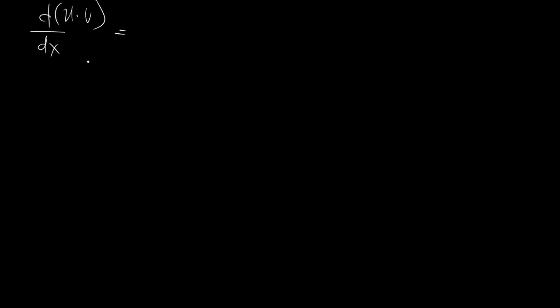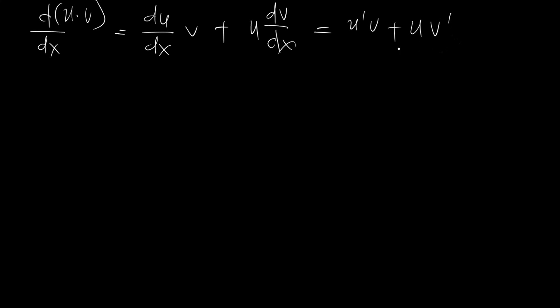To find the derivative of u times v, it will be the derivative of u with respect to x leaving v, plus the derivative of v with respect to x leaving u. So this is the same thing as u prime v plus u v prime.